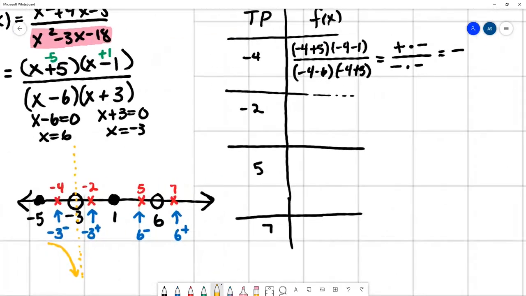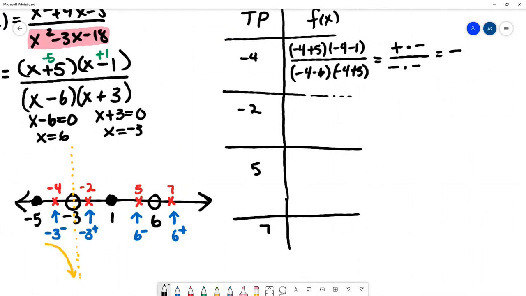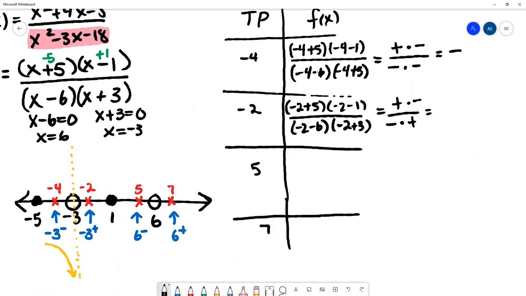All right, let's do the next one. -2 plus 5 times -2 minus 1 over -2 minus 6 times -2 plus 3. This is going to be a positive times a negative over a negative times a positive, and we have an even number of negatives, so we're going to get a positive this time.